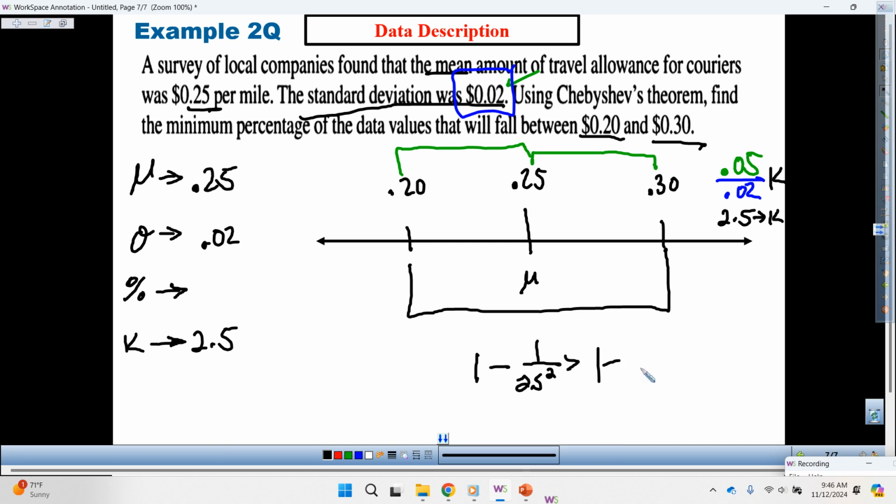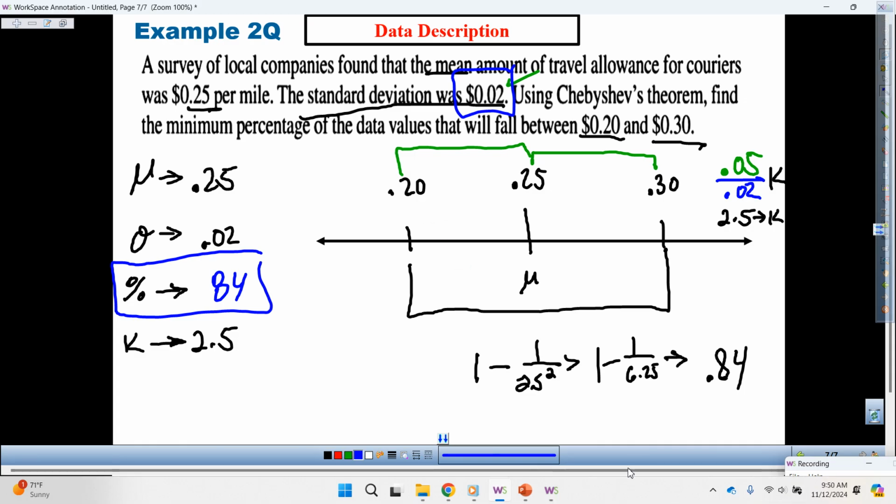So, 1 minus 1 over, what is 2.5 times 2.5? 6.25. So, calculators calculate. 1 minus 1 over 6.25. That should give me a decimal. .84. And what is that in percent, everyone? That is 84%.